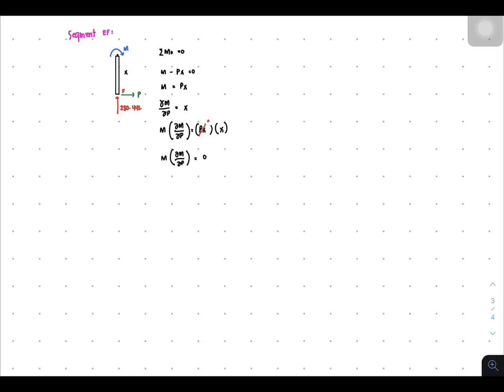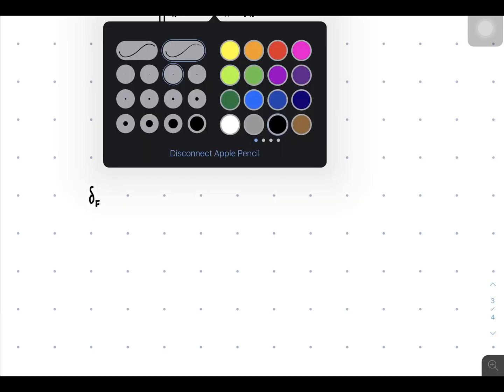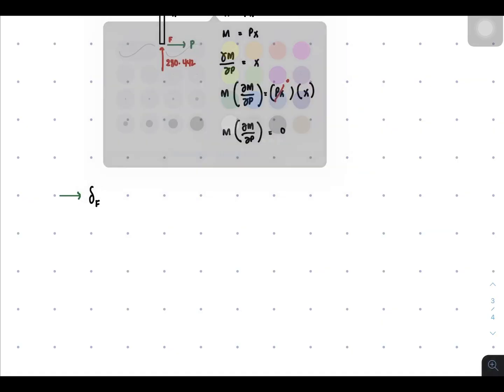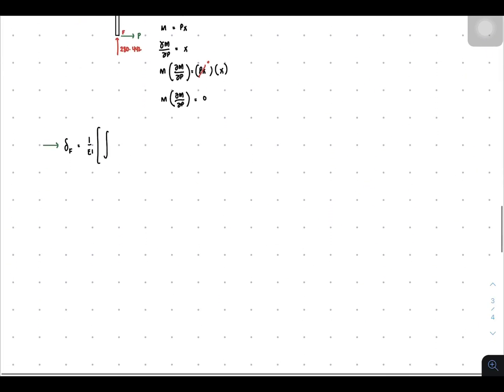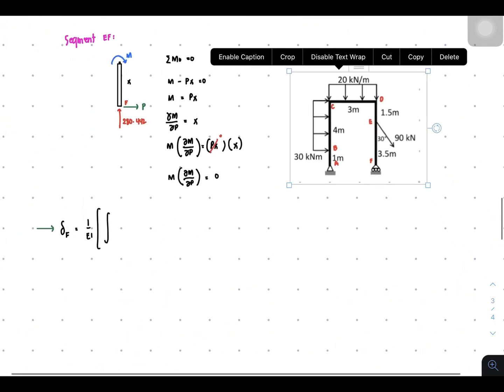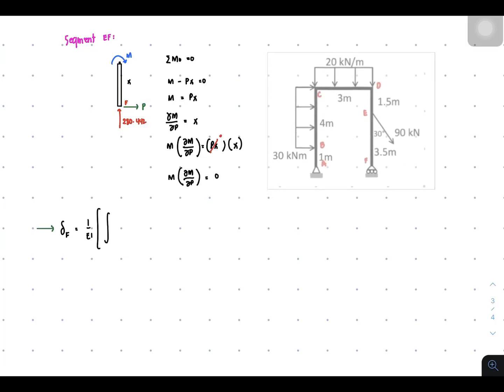So we're now ready to get the integral and the deflection. Remember that we are going to find the deflection, or displacement, at point F, and we assume that the direction would be to the right. So all we have to do now is get 1 over EI of all the integrals from A to F. I'll just paste here something that I prepared already.